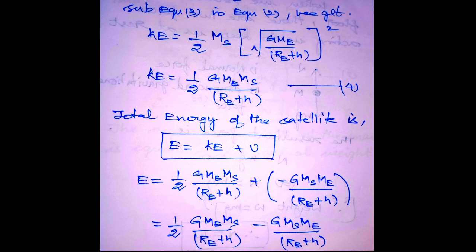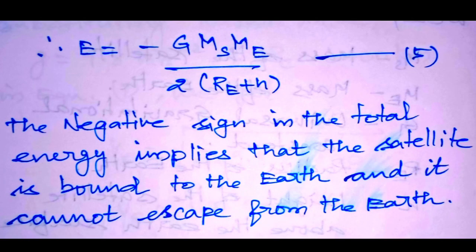Subtracting, half minus 1 gives minus half, isn't it? The value is half in the kinetic energy and the full value in the potential energy. So we get E equals minus G Ms Me by 2 times Re plus h. This is equation number 5.